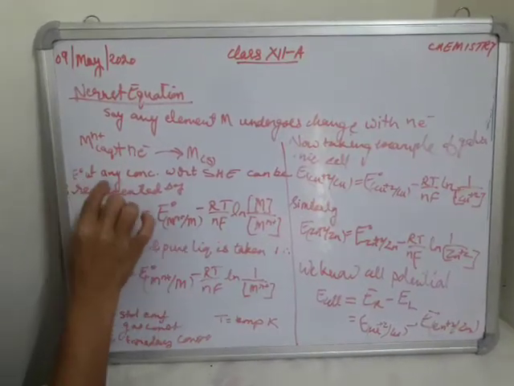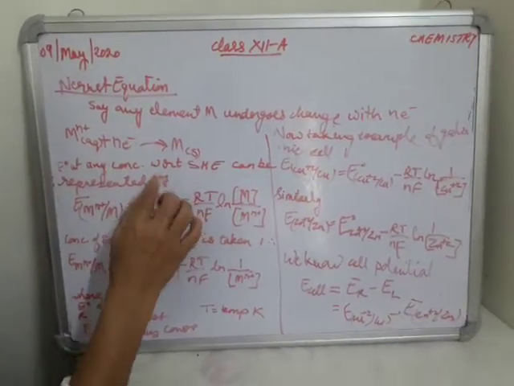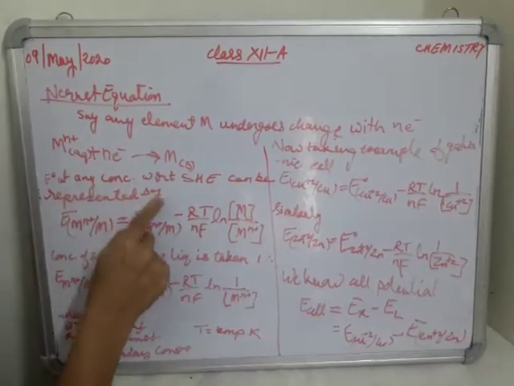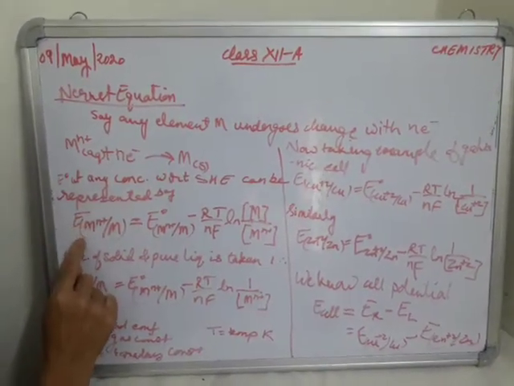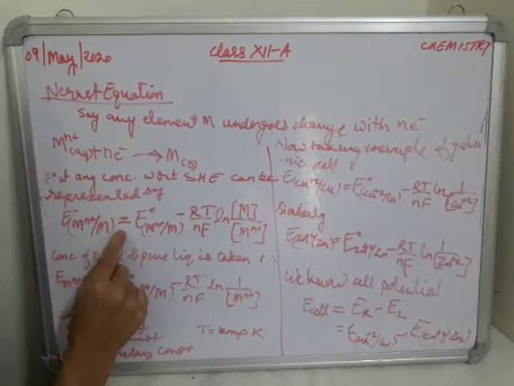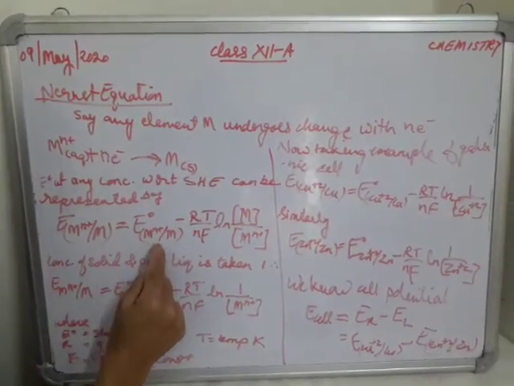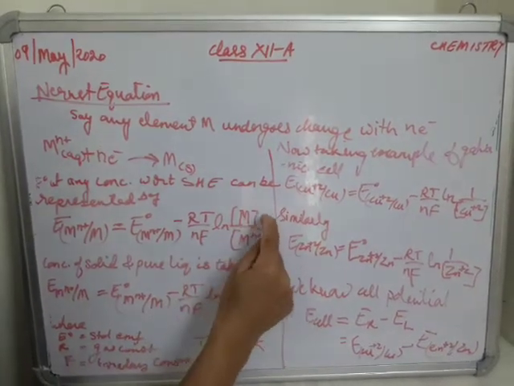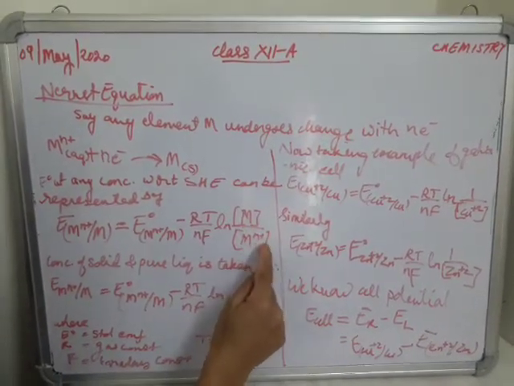Now, the EMF of the electrode at any concentration with respect to the standard hydrogen electrode can be represented as EMF of the electrode equals standard EMF of the electrode minus RT by nF ln M by Mn+.